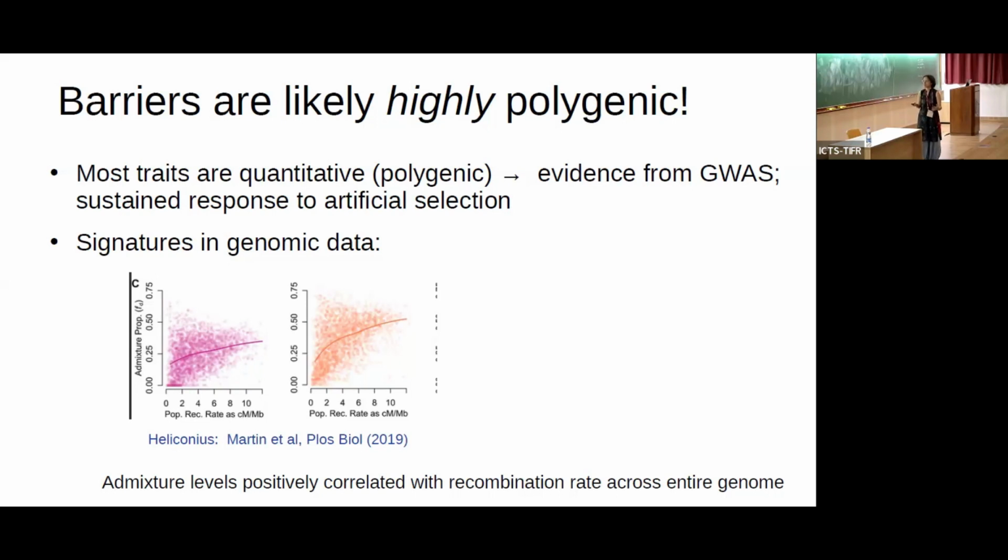One way of explaining this, although there are complexities, is that if you have many, many barrier loci, then most neutral sites are going to find themselves in the vicinity of one such selected locus, and they'll be affected by this reduction in gene flow. But in windows where the recombination rate is high, this reduction is lower, and there's more exchange, more admixture. So this could explain this positive correlation between admixture proportions and local recombination rates.